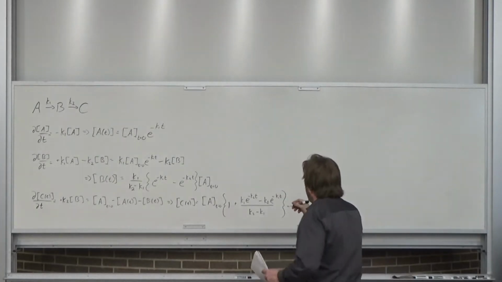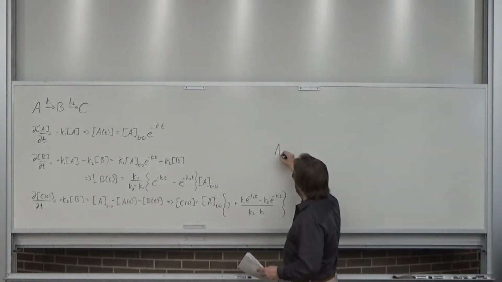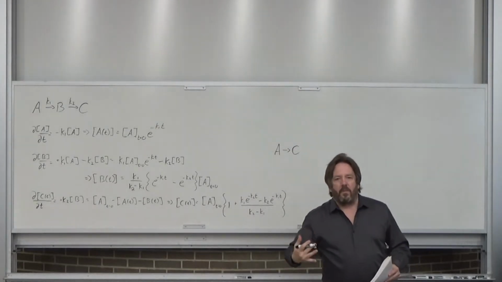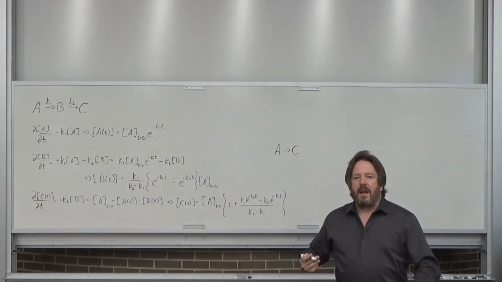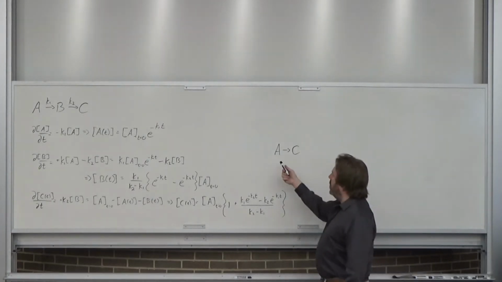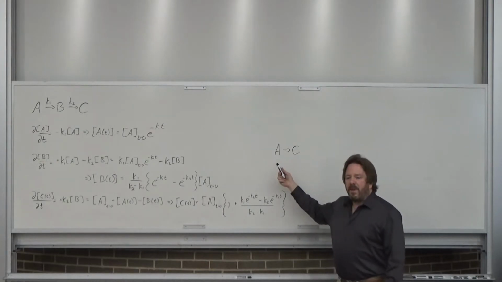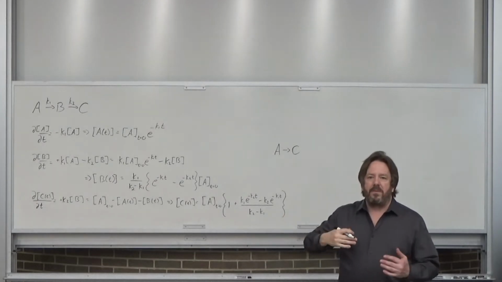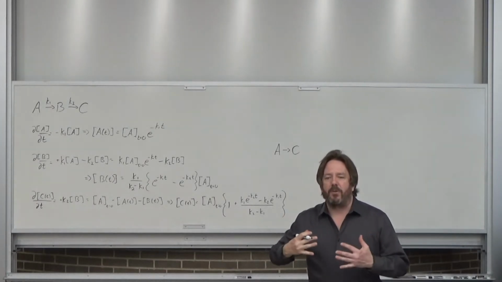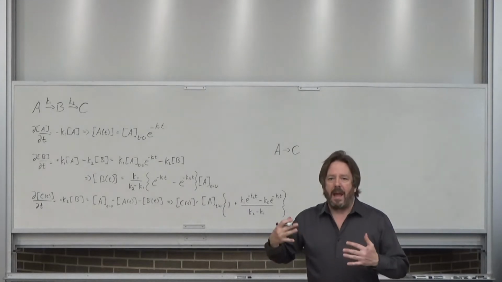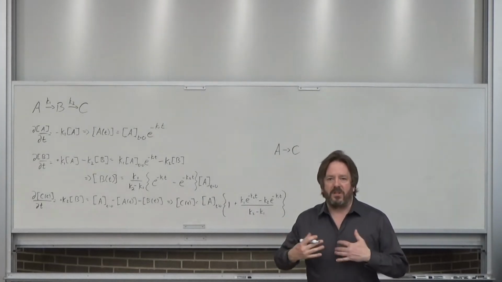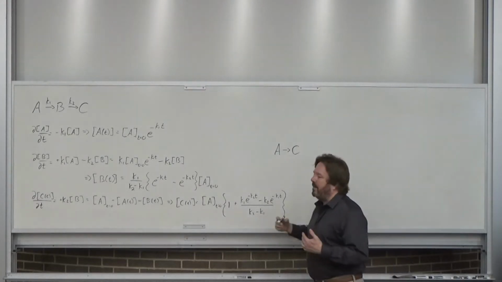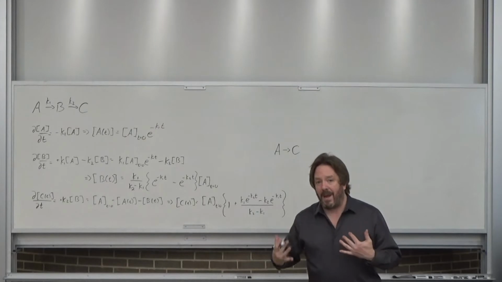What's terribly important is, if I give you this information and start asking questions about what's the rate, what's the mechanism, the problem is that what you don't know is whether this is just a statement of these are reactants and these are products, or whether it states that A molecularly transforms into state C, A to C. So the difference is between a statement of the reaction stoichiometry versus a statement of the reaction mechanism.